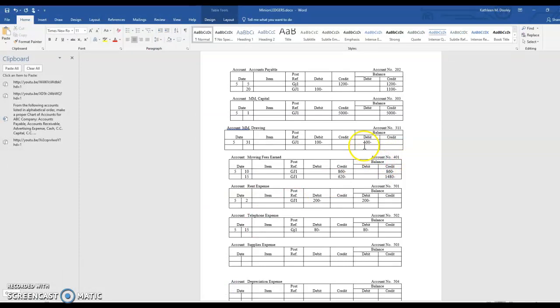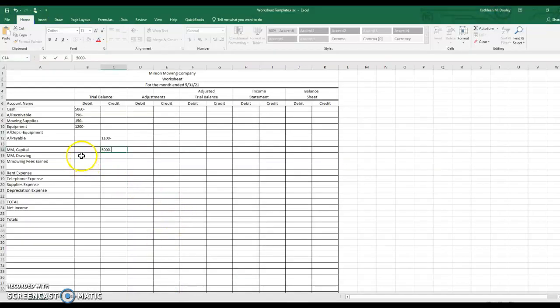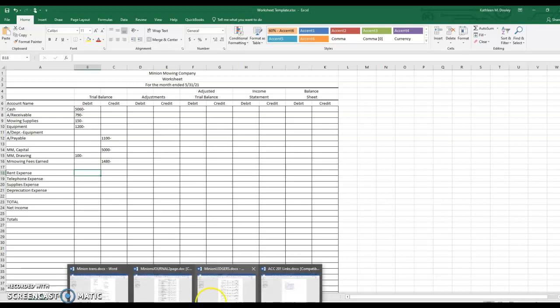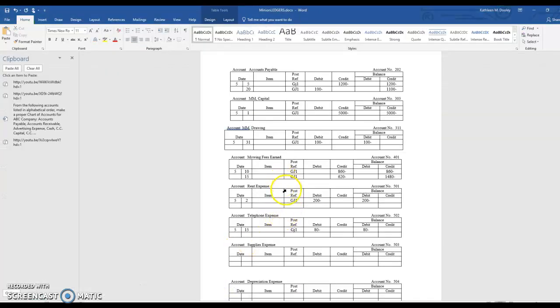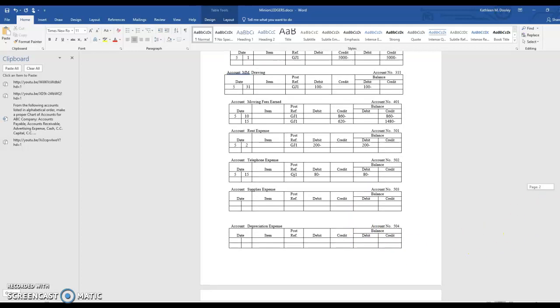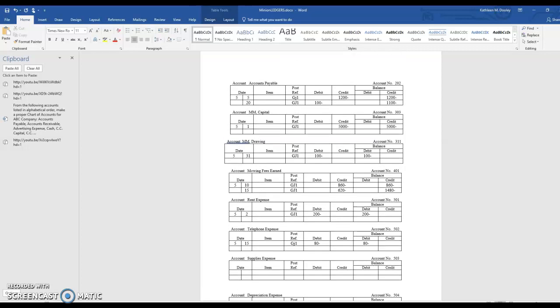Okay, we have drawing is 100 debit, and mowing fees is 1480 credit. Okay, then we've got rent is 200, telephone is 80, and we don't have supplies or depreciation yet.